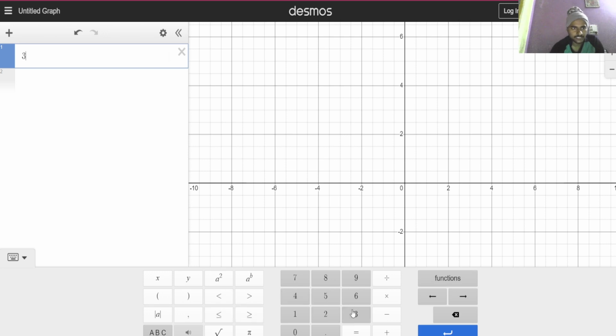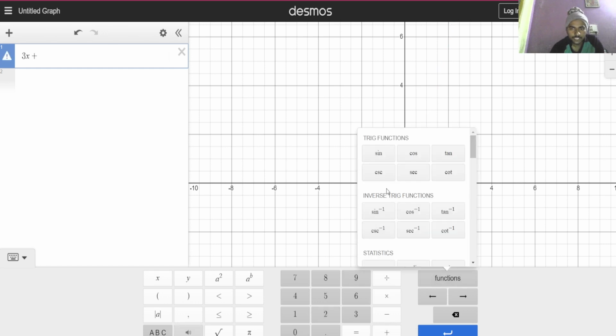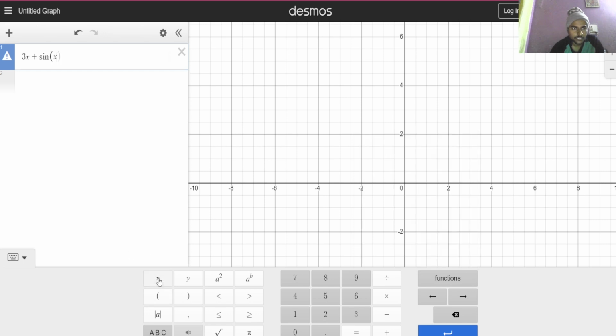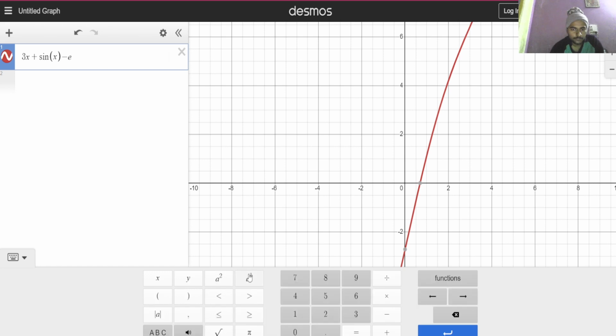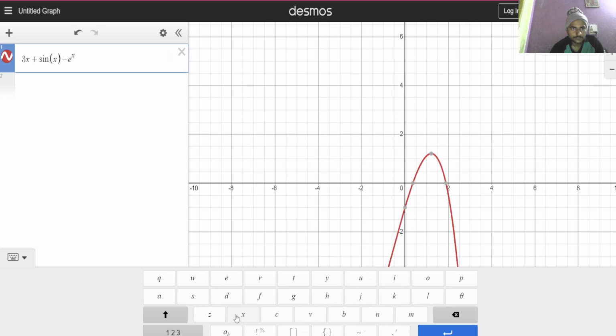That was 3 times x plus sine of x minus e power x, equal to 0.